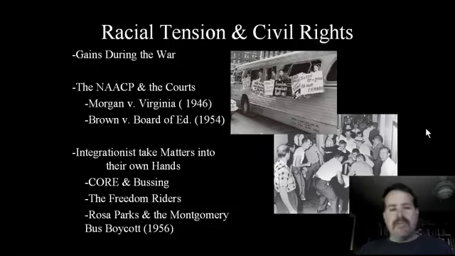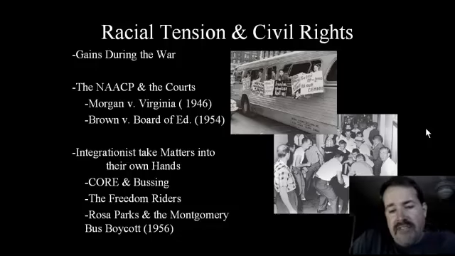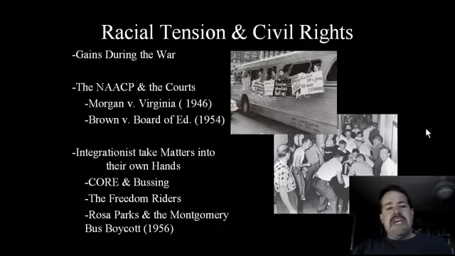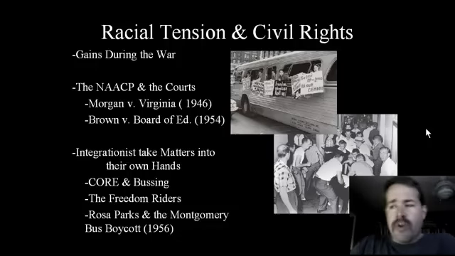It takes time. Just like in one of the most momentous Supreme Court decisions of the Civil Rights era, and this is Brown versus the Board of Education of Topeka, Kansas in 1954. Because in Brown versus Board, the Supreme Court overturns itself.